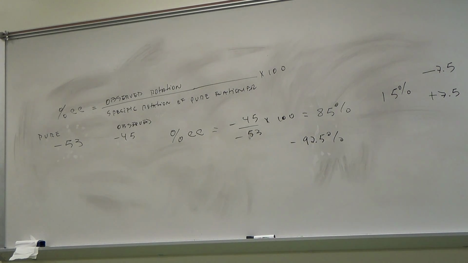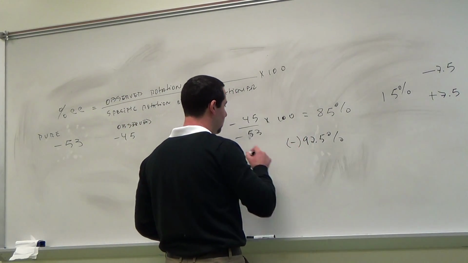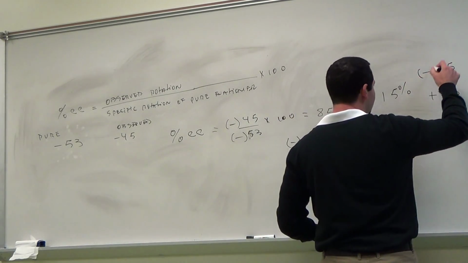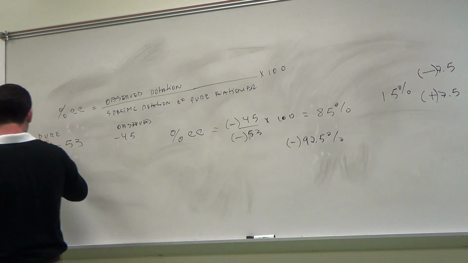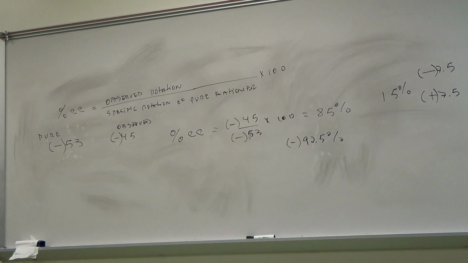No, guys, this is not a negative sign as in I add a positive sign. This means the direction that it's going in. This is the rotation, right? This is called levorotatory. And if it was positive, dextrorotatory.